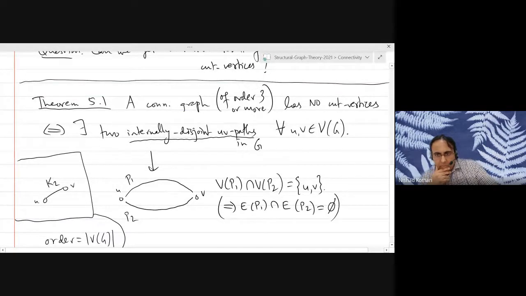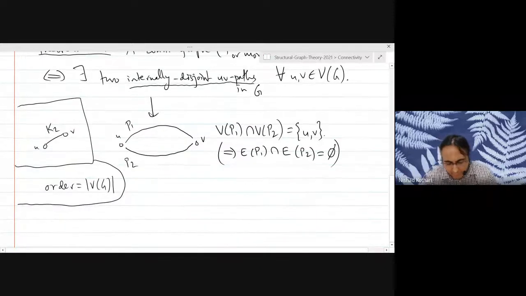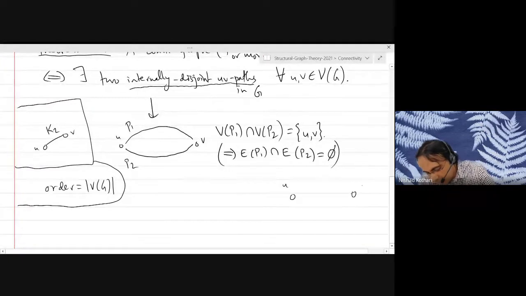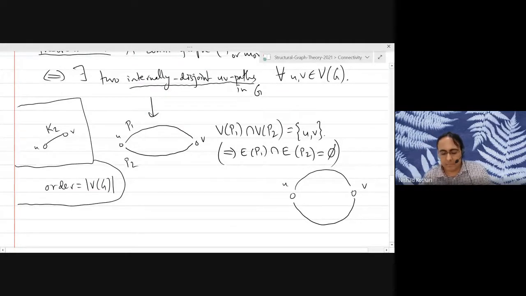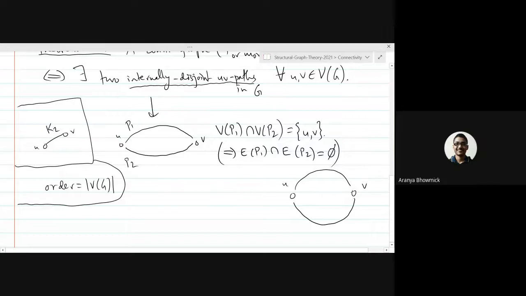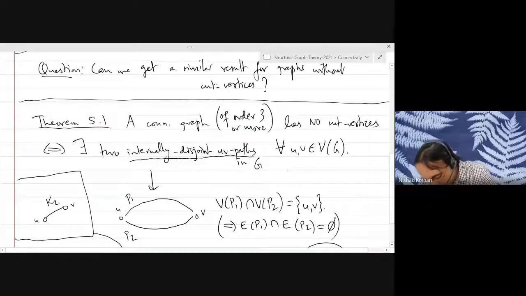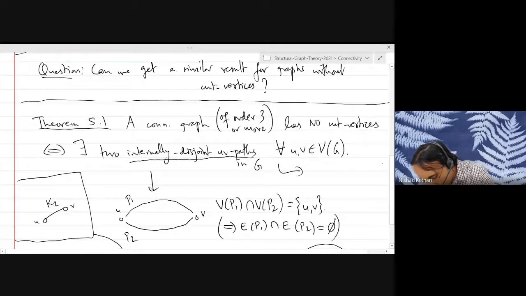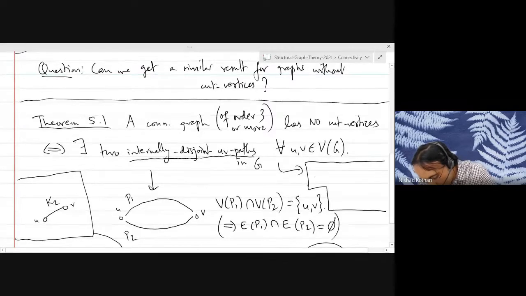So we want to prove this. Another point I want to make here, notice that having two disjoint paths between vertices u and v is the same as saying that they belong to a common cycle. Okay? So this is the same as saying u and v belong to a common cycle.